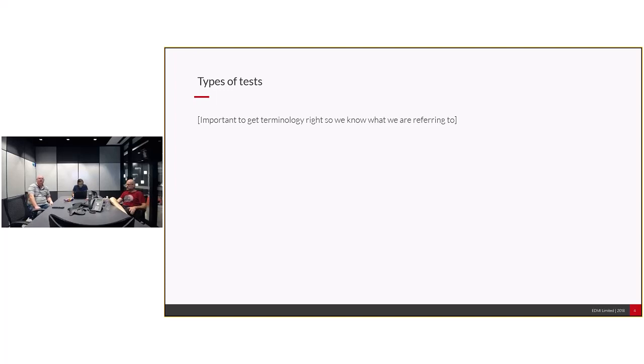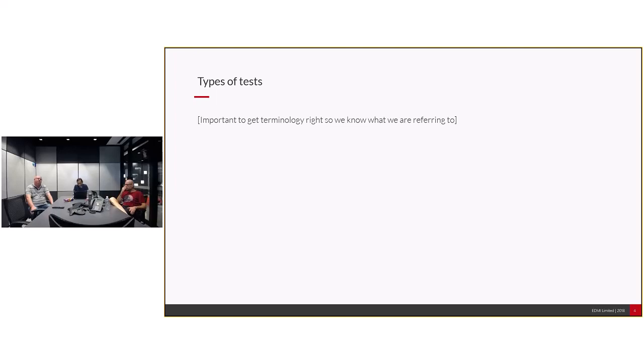So the types of tests. It's important to get the terminology right so that we know what we're referring to when we say integration tests, unit tests, acceptance tests. This should not be anything new, because from what I've seen in EDMI we're already very diligent about getting our tests right and doing them fairly rigorously.